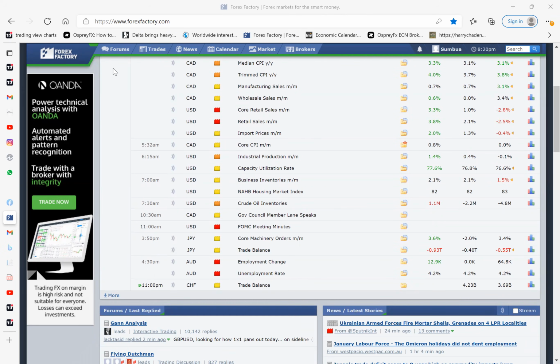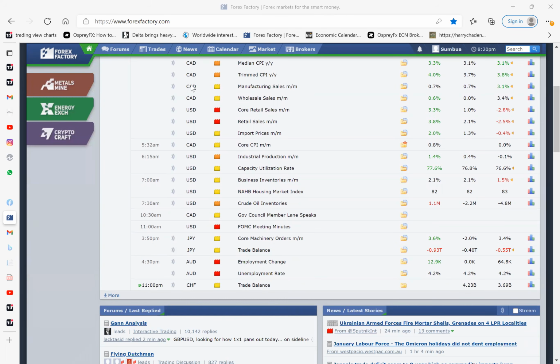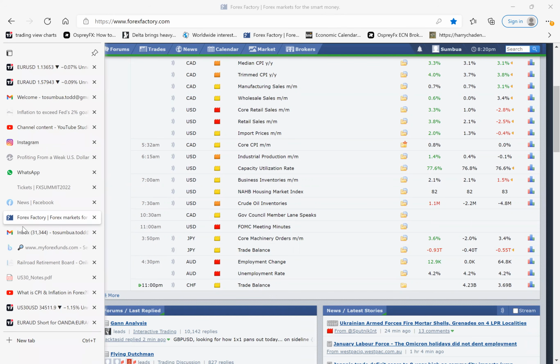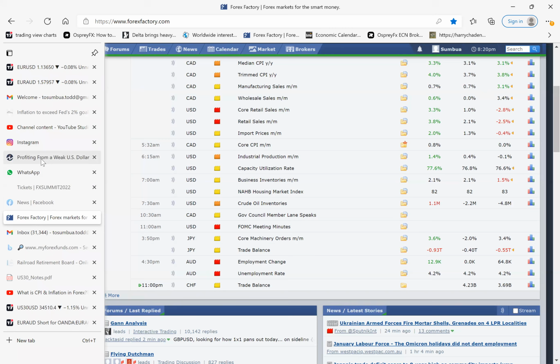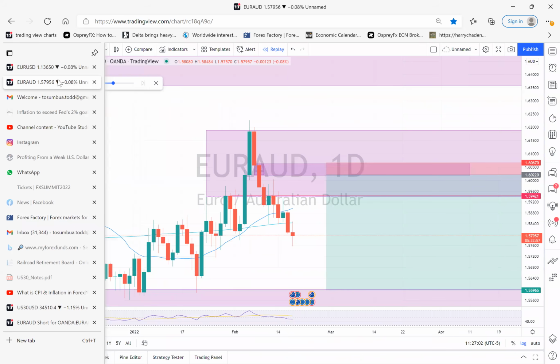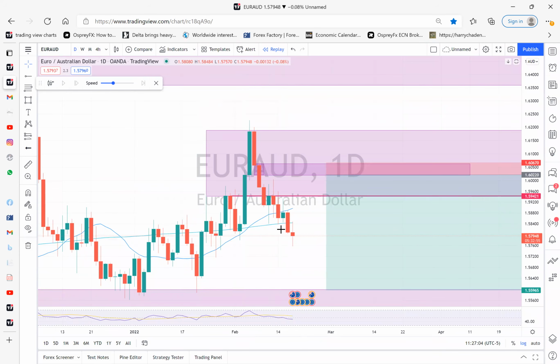Where on the order block did I start my sell? I will go back and show you. I started my sell when it tapped in. So when the market started, I bought it right here.